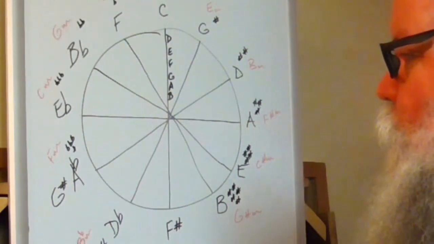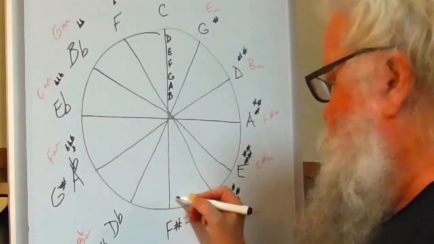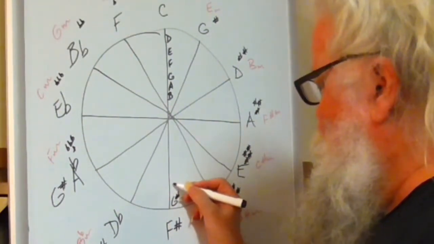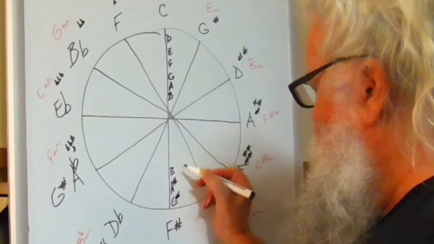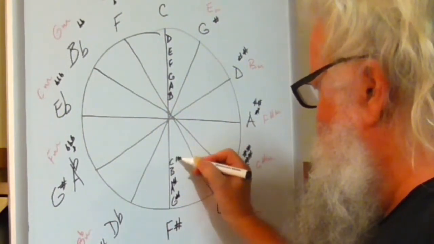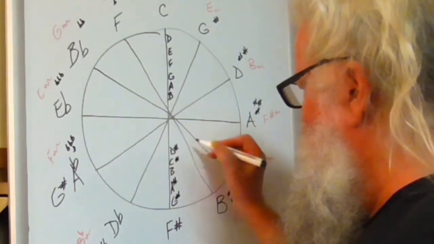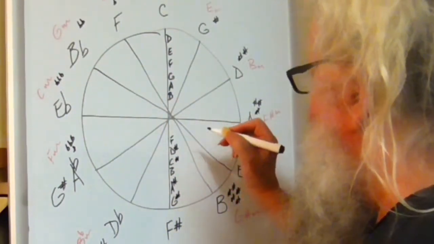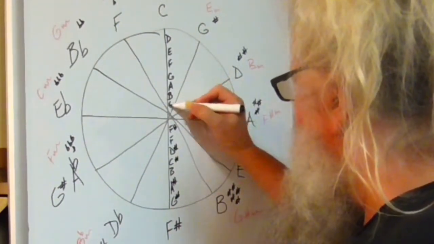So if you build backwards, you got F sharp, G sharp, A sharp, B, C sharp, D sharp, F. I'll put the F sharp in here, and then the C here.